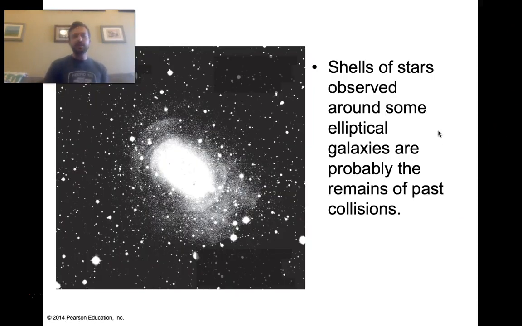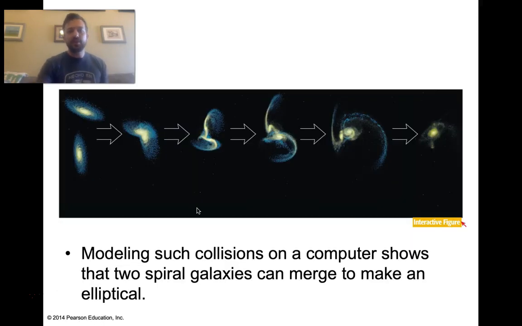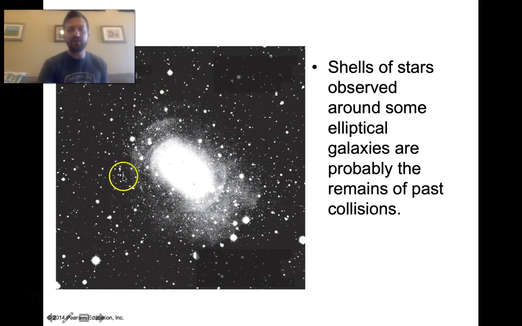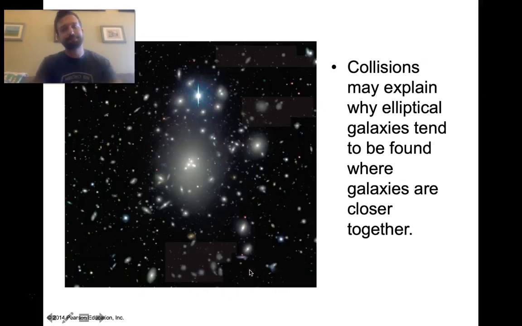Shells of stars around a lot of elliptical galaxies could have been the remains of a collision. When these things collide, as you can see, many stars and things will be flung out to the sides. And so you can see a lot of shells of stars out here in the outer part of elliptical galaxies.